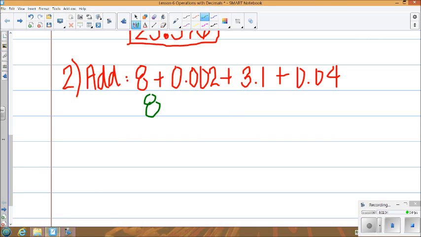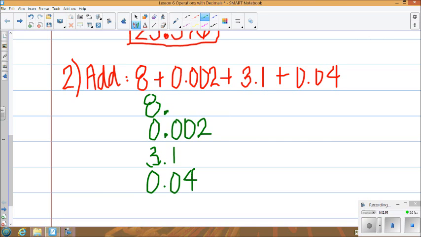Then I have 0.002. So you have to think of this 8 as having a decimal point right after it, since it's a whole number. So that means the 0.002 is going to go like that. 3.1. And then I have 0.04. So again, you're working vertically.